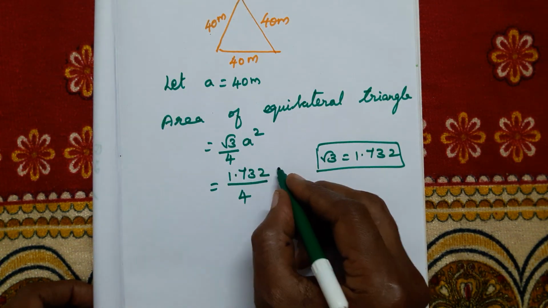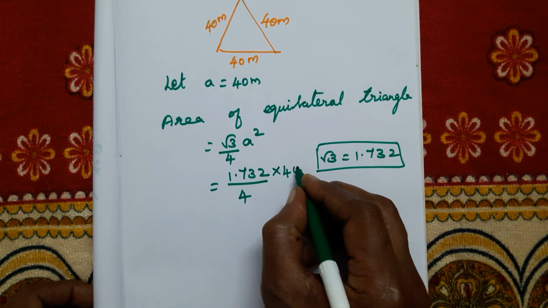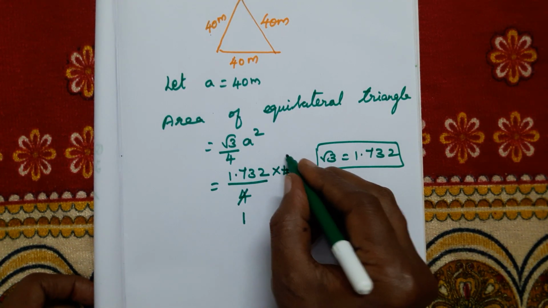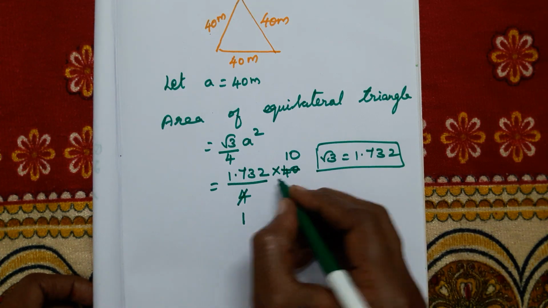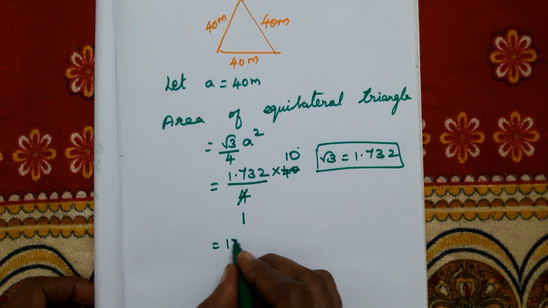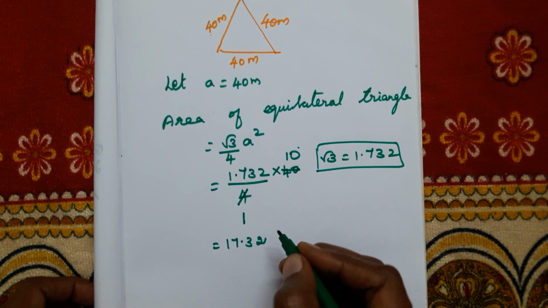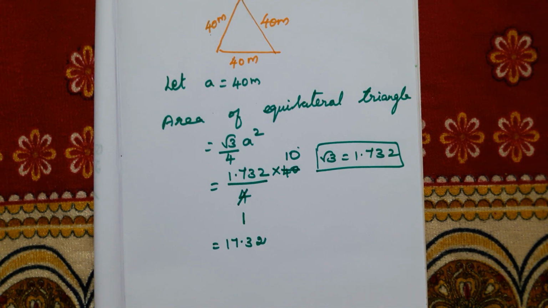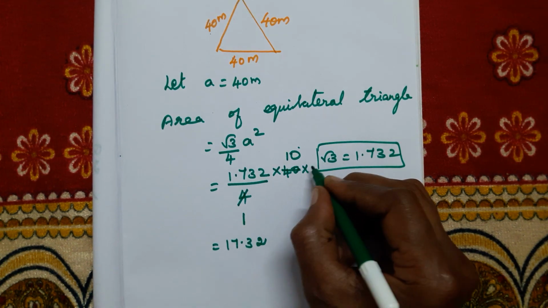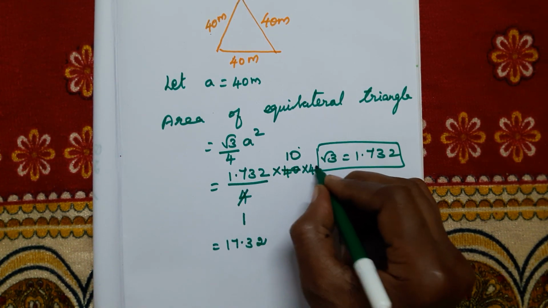a is equal to, in place of a, 40. When we are cancelling, 4 1s are 4, here 4 1s are 4 for 0. So multiplying with 10 means 17.32. Listen here, a square now, so one more 40 we have to write.